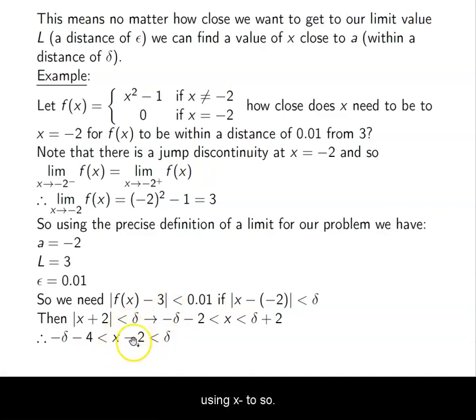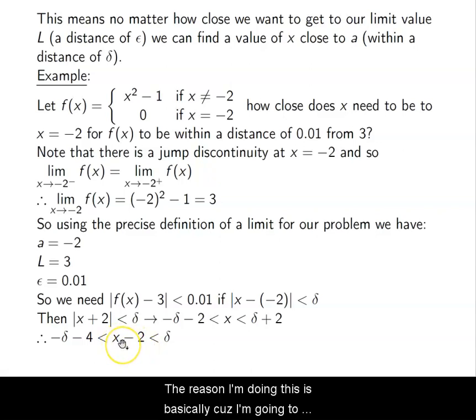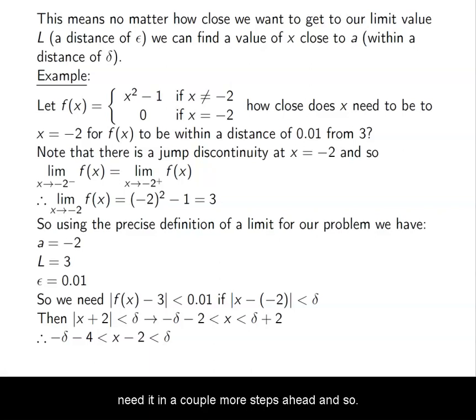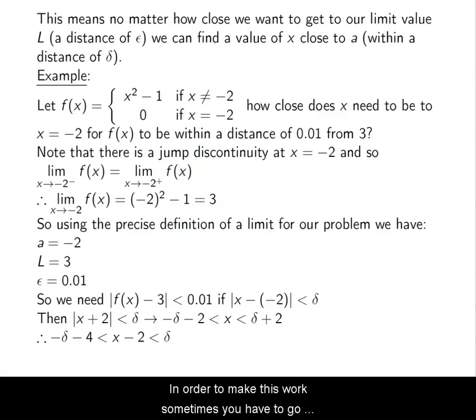The reason I'm doing this is that I'm going to need it in a couple more steps ahead, and sometimes you have to go ahead of yourself and figure out what you need. You're probably saying that's a terrible answer, but it's okay. Just stick with me and I'll circle back to this point once we see it, and you'll see why I needed x minus 2.